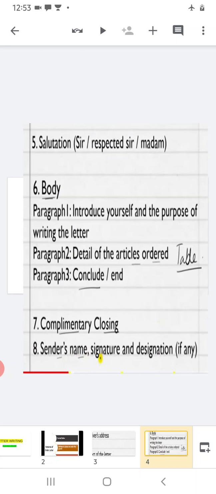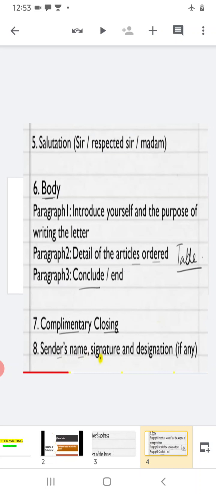Next point under format that comes is salutation. You can write down just sir, you can write down respected sir or respected madam, you can just write down the word madam, and this is how you're going to write down the salutation. After salutation, leave one line again, and thereafter your body of the letter starts.